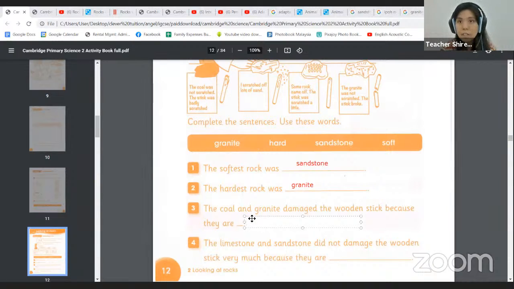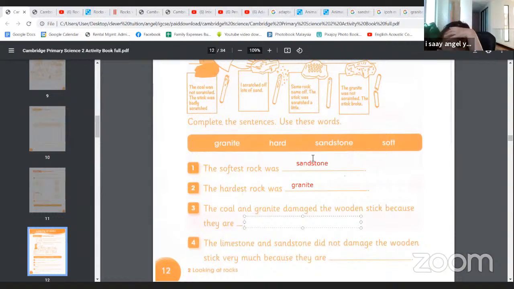Okay, number 3. Angel, can you read? Can you unmute, please? The coal and granite damage the wooden stick.